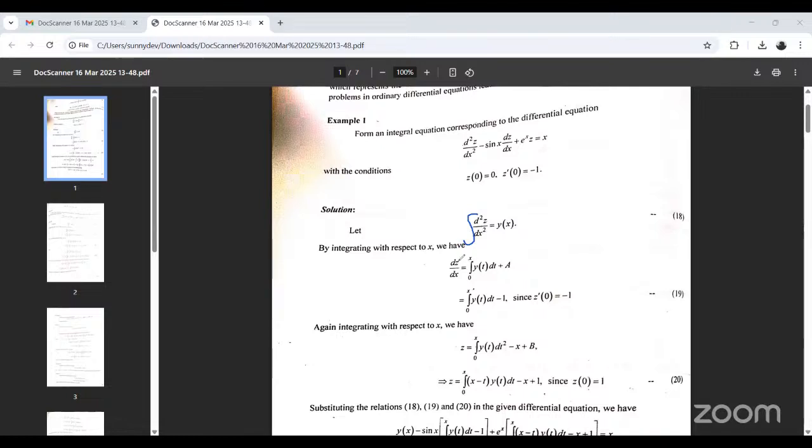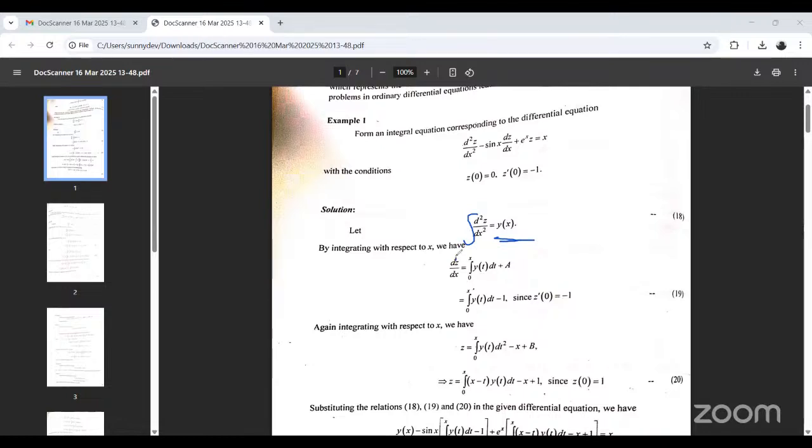So we get dz by dx equal to the integral over 0 to x of y of t dt, and we get one constant, plus a. Already they have given z dash of 0 equal to -1. So we get dz by dx equal to the integral over 0 to x of y of t dt, minus 1, from there.